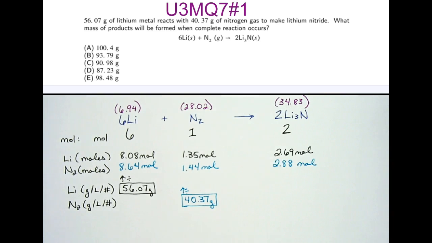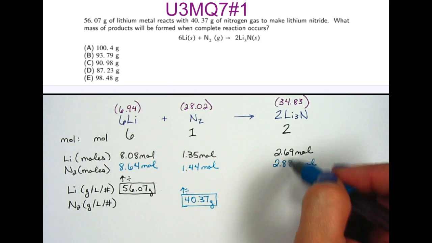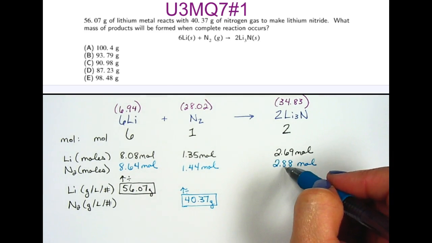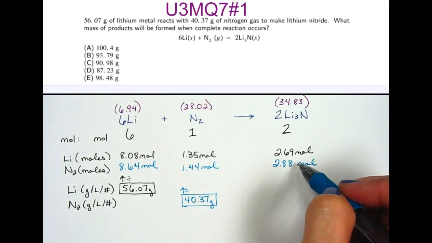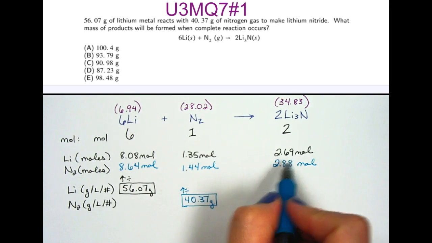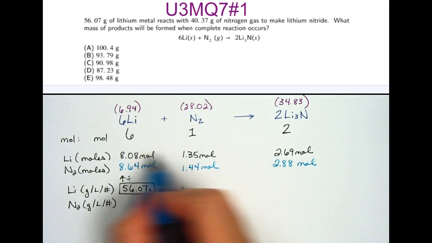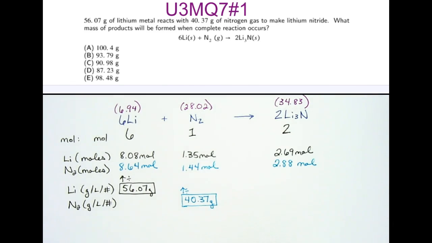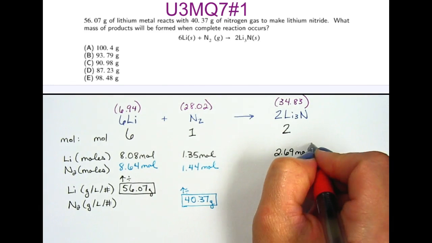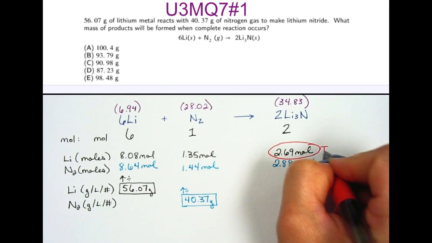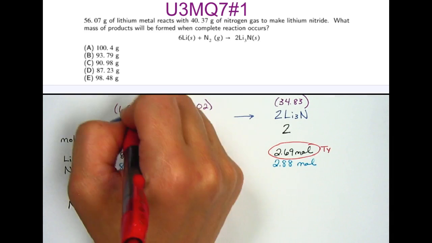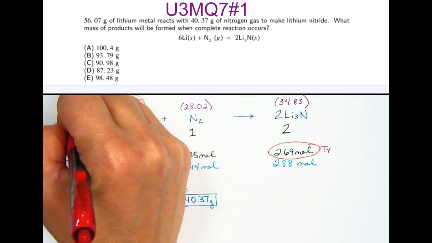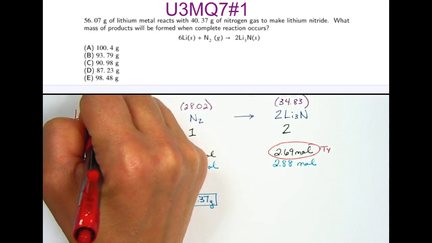So I'm going to stop right here because I can compare both of the amounts of the lithium nitride produced, and the lesser of the two is the correct answer. So everything based off of lithium is going to be correct because this is my true theoretical yield, which is based off of this given of lithium, which tells me that lithium is my limiting reactant.